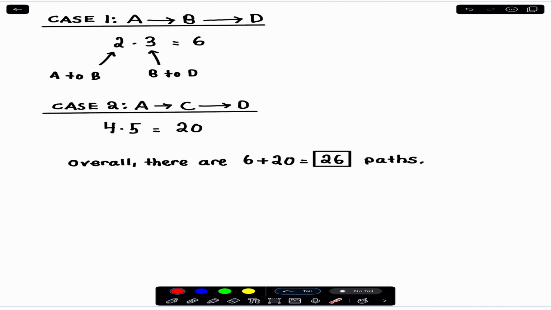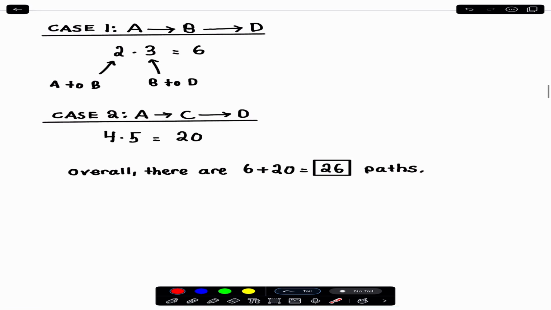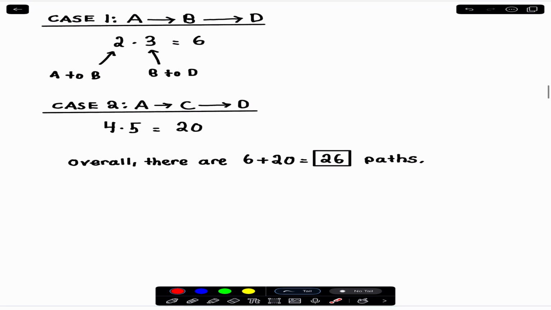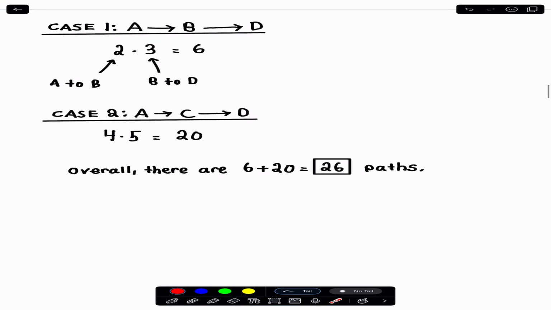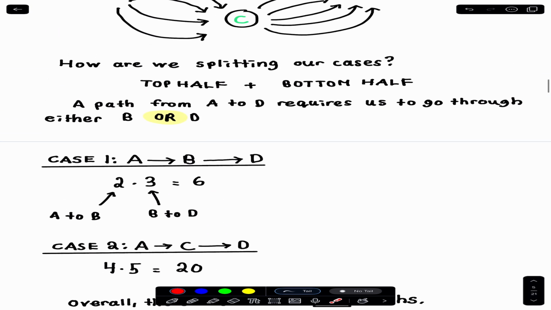It is not the same as these 2 numbers where we multiply them, because the reason we multiply here is because these 2 events can happen simultaneously, but in this final count, these 2 cases cannot both be happening at the same time. It is either one or the other.